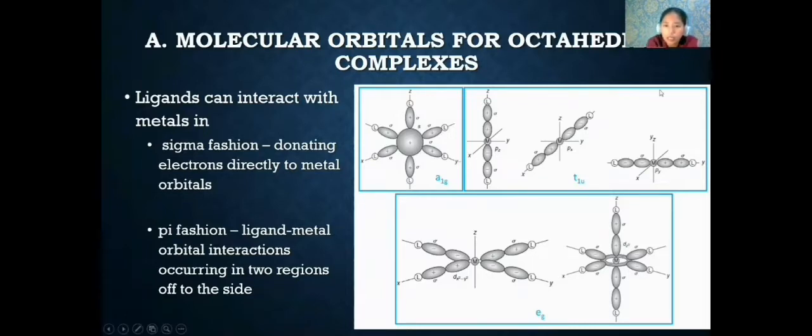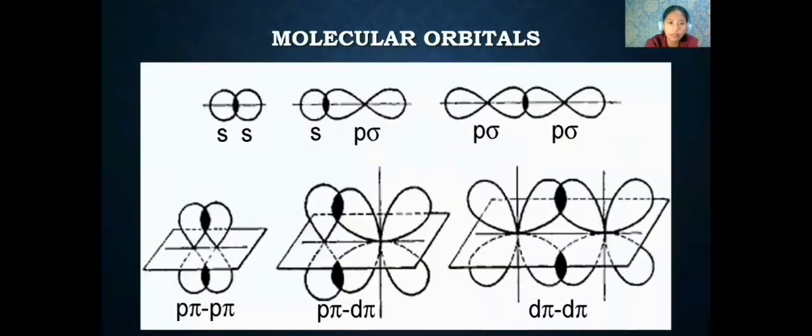The first diagram here, as you can see, is end to end, so these are all sigma fashion. And then we have the pi fashion, a side-to-side connection or sharing of electrons.